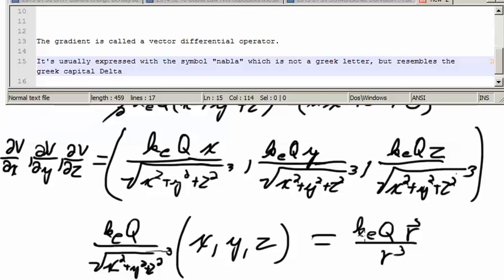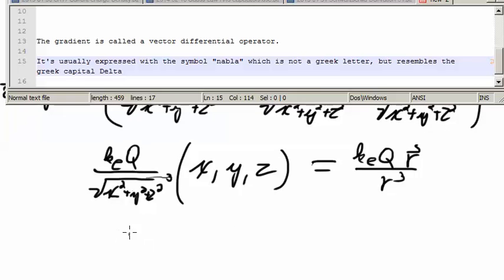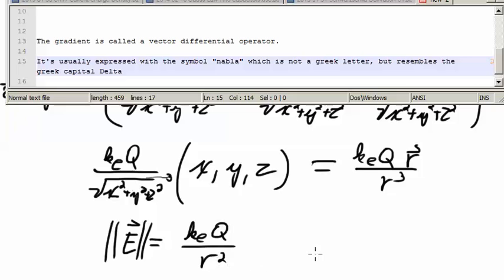Now that's not the familiar form of the electric field. From a point source, the magnitude of it is usually written k sub e q over r squared.